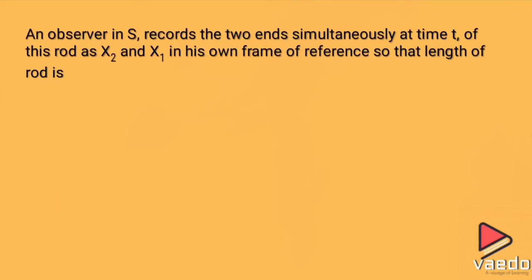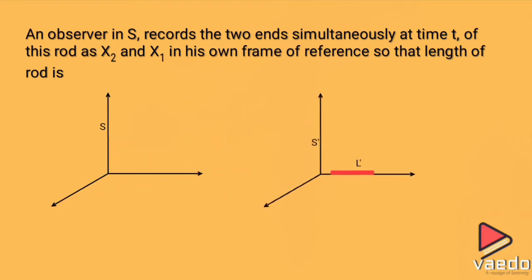Now suppose there is an observer attached to the frame of reference S, and we consider the measurement of the rod at a certain time instant t. So now, with the movement, the length of the rod with respect to the first frame of reference is L equals x2 minus x1.